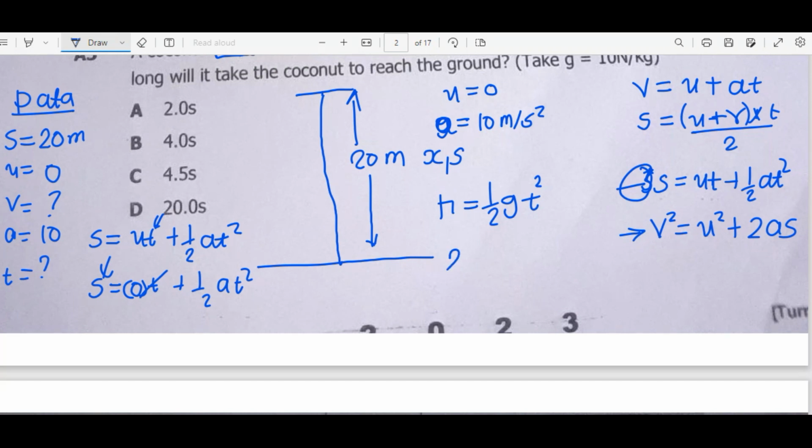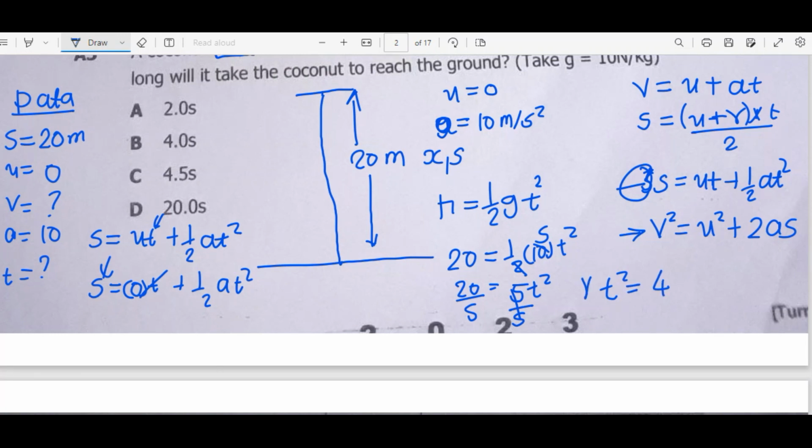So what's our height? Our height is 20. Acceleration due to gravity is 10 times t squared. Half of 10 is 5, so 5 times t squared is 5t squared. We divide by 5, t squared is equal to 4.